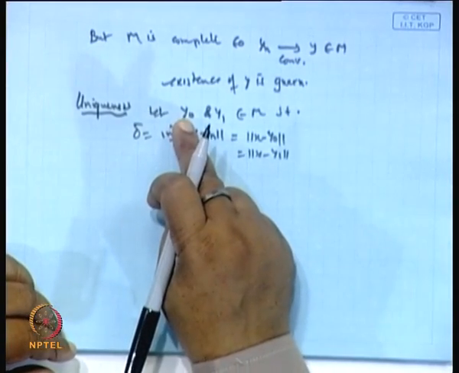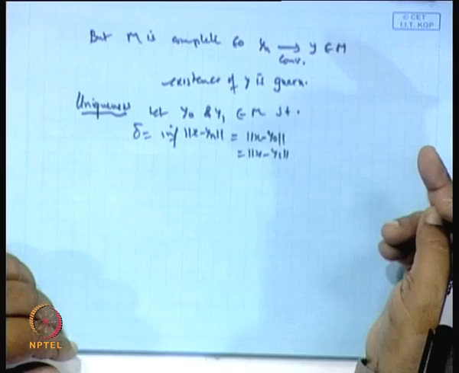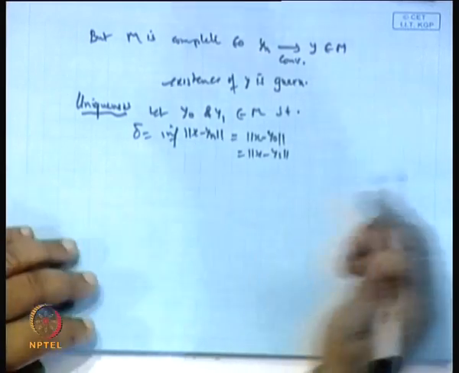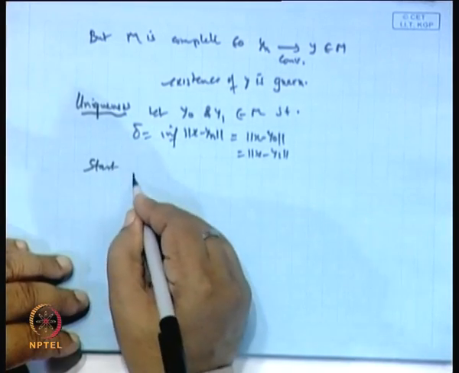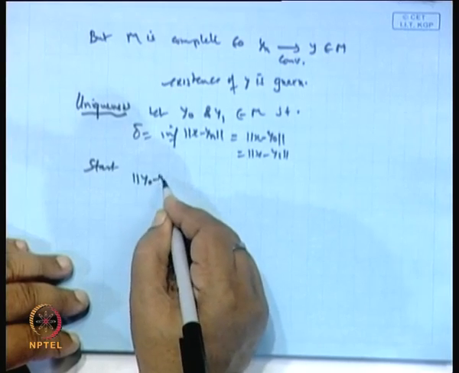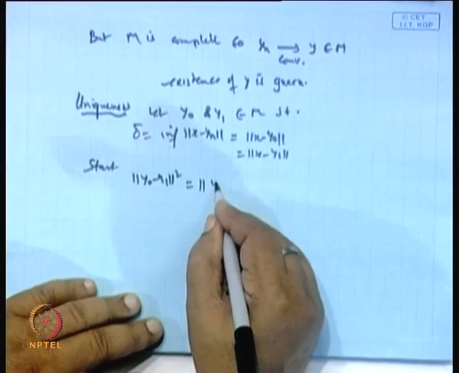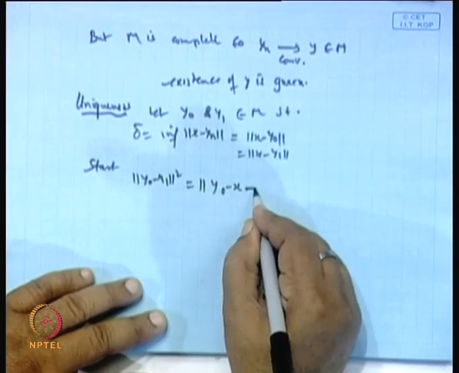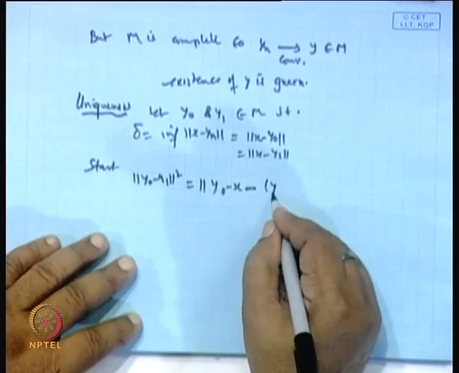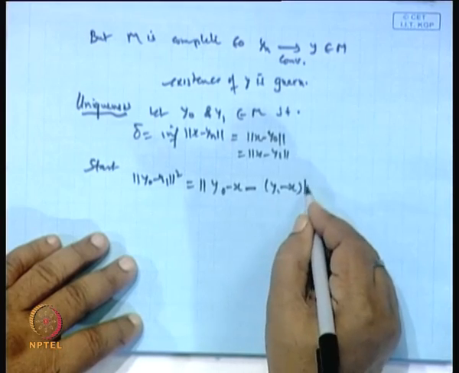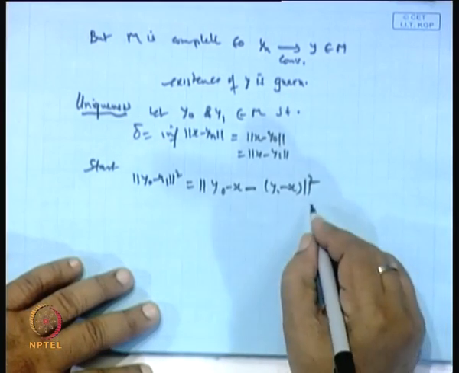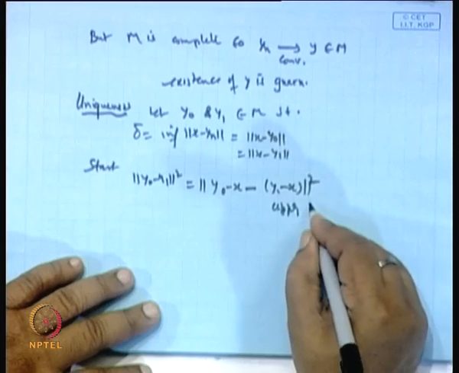If it is unique, then y naught should be equal to y 1. So, we start with norm of y naught minus y 1 whole square, and this can be written as norm of (y naught minus x) minus (y 1 minus x) square, and again apply the parallelogram law.